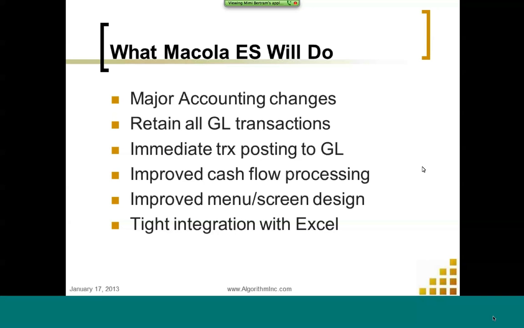You'll see the same thing screen by screen. For example, in inventory management in Progression, in order to properly enter a completely new item, you had to go to the item master, you had to go to the item location, maybe you had to go to the vendor item file, maybe you had to go to the customer item.